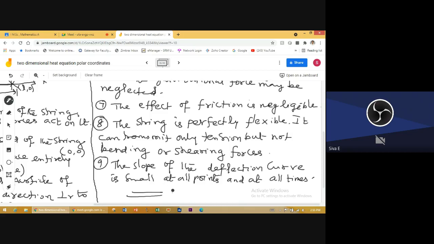So these are the assumptions on transverse vibration of a stretched elastic string. Okay. At least one MCQ will come based on these points.